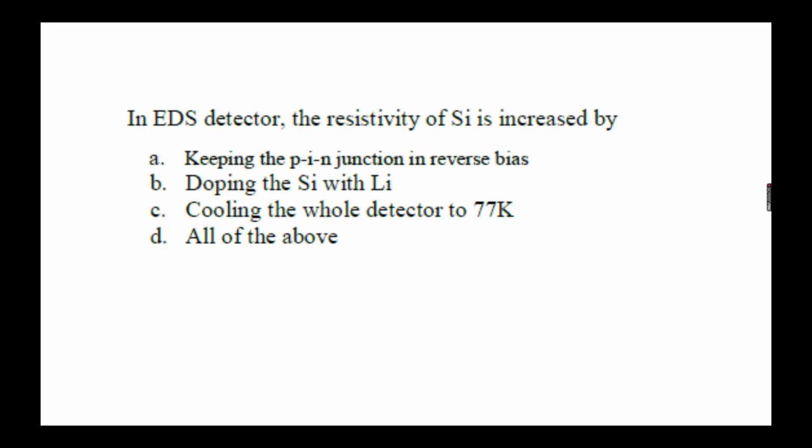A is keeping the PIN junction in reverse bias, B is doping the silicon with lithium, C is cooling the whole detector to 77 Kelvin, or D, all of the above. If you have seen it or have some knowledge, you might be able to answer this question. So can anybody guess this?